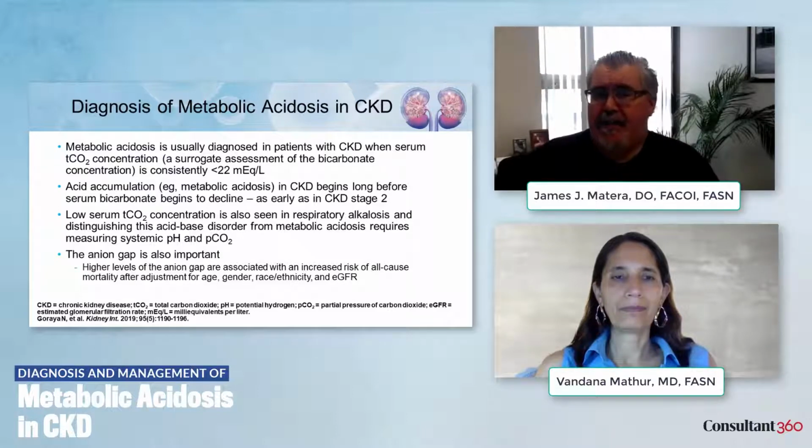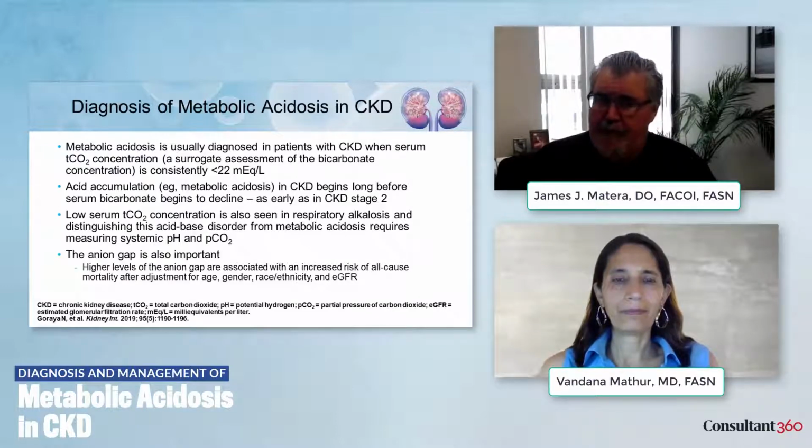Low serum TCO2 concentration is also seen in respiratory alkalosis, and distinguishing this particular acid-base disorder from metabolic acidosis requires measurement of the systemic pH and the pCO2. So with some of our chronic lung patients, we have to make that distinction. The anion gap is also very important here.